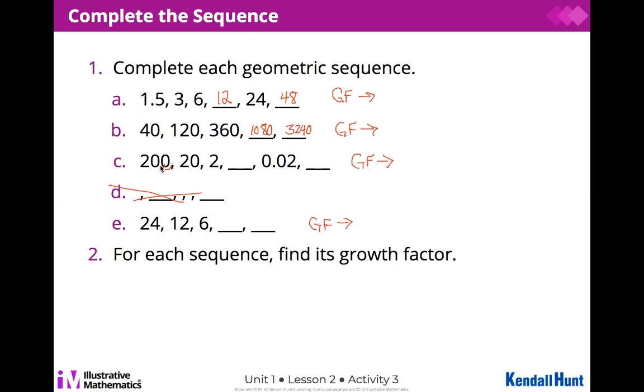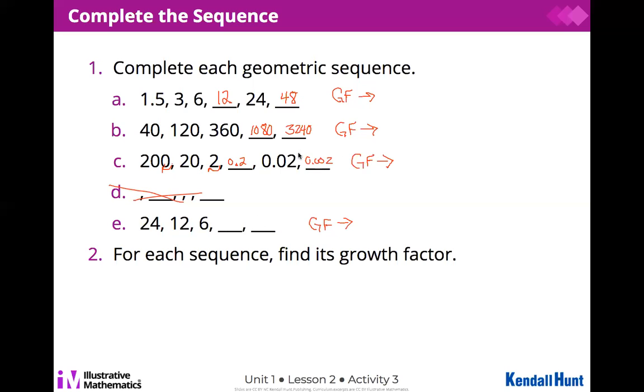So we move it to here, it becomes 20. Move it to here, it's 2. If we move it from here to there, it becomes 0.2. Move it one more to the left, we get 0.02. Move it one more to the left, we get 0.002. So these numbers are getting pretty small.